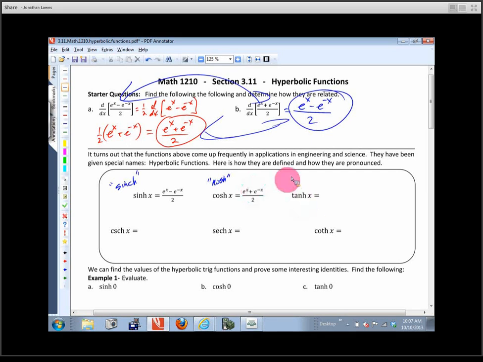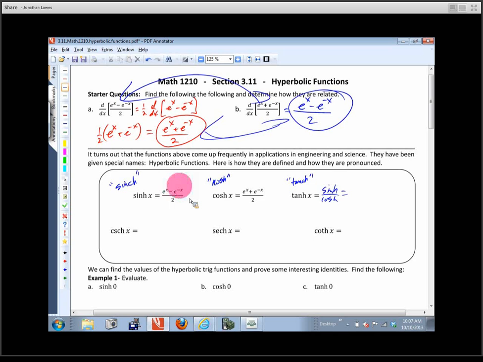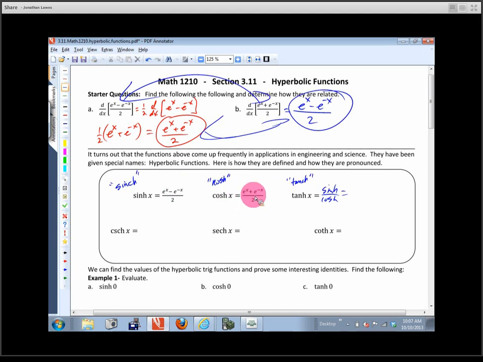So if I were to do this one, which tanh is how we'd pronounce that. Okay, it's going to be the sinh over the cosh, which would be, well, let's think about this. If I did this fraction over this fraction, would I ever divide by a fraction?